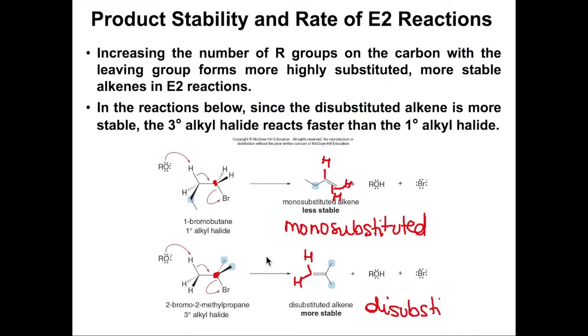So if I start with an alkyl halide that is tertiary, I will end up with a more stable alkene because it's more substituted. When I start with a primary alkyl halide, I will finish with a monosubstituted alkene, and that's less stable.